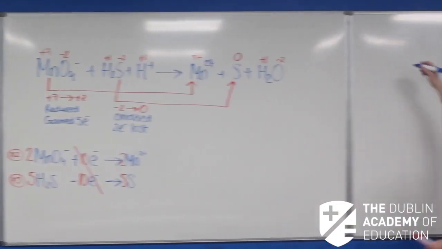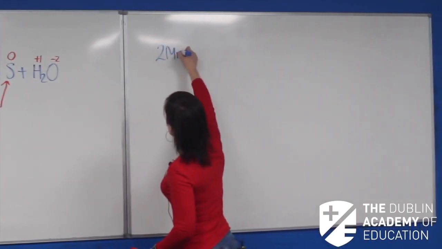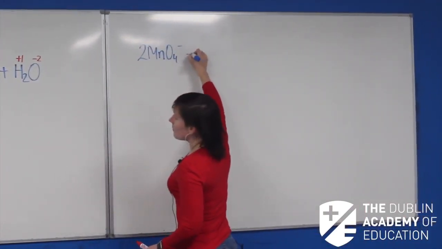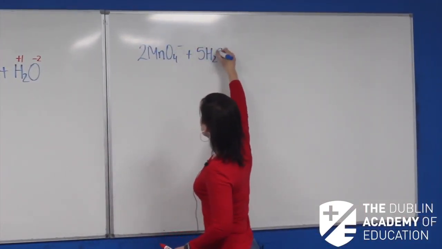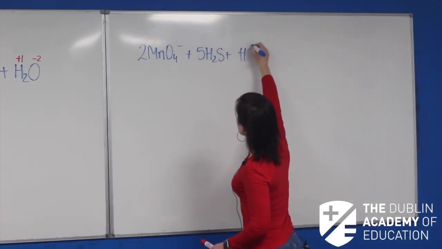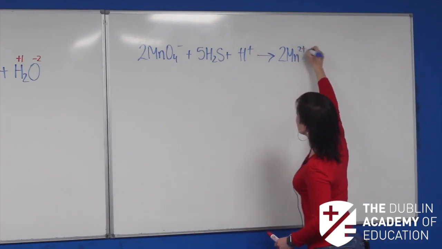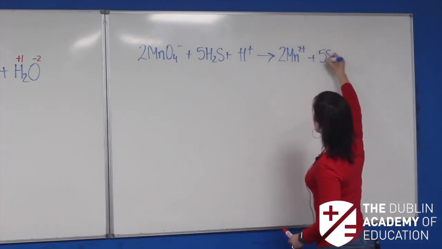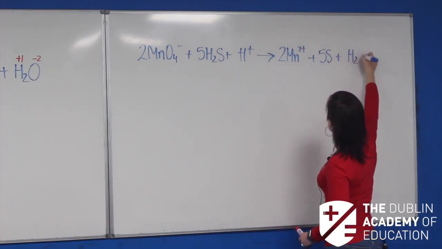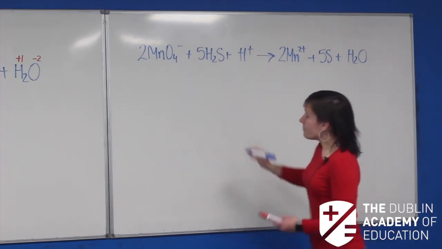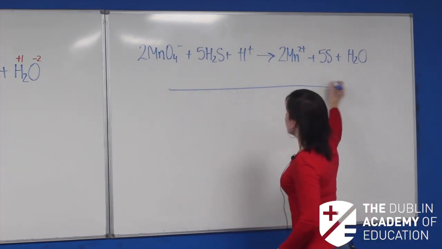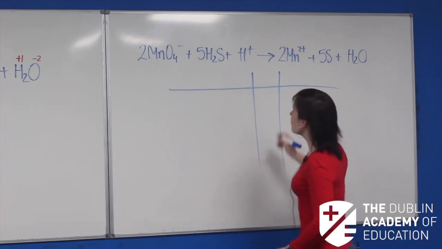So we have 2 MnO4 minus plus 5H2S plus H plus gives us 2Mn2 plus 5S plus H2O.